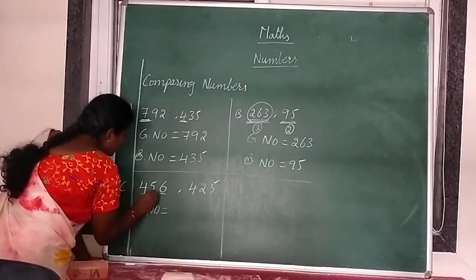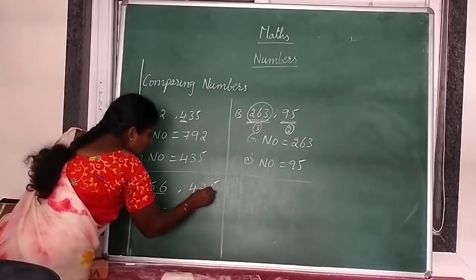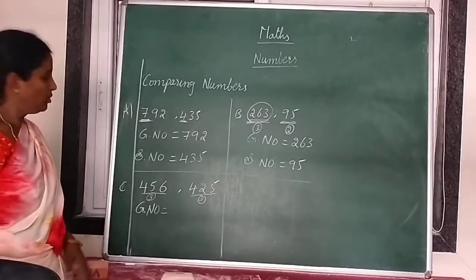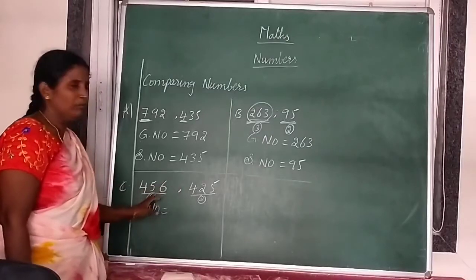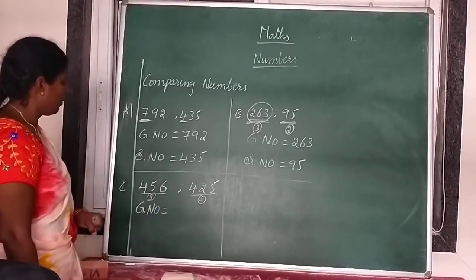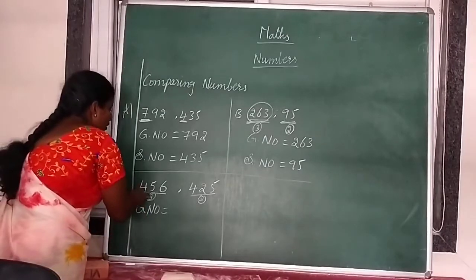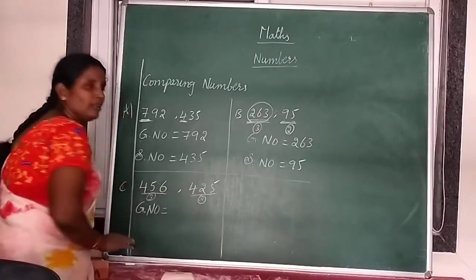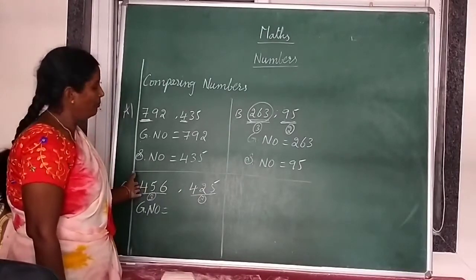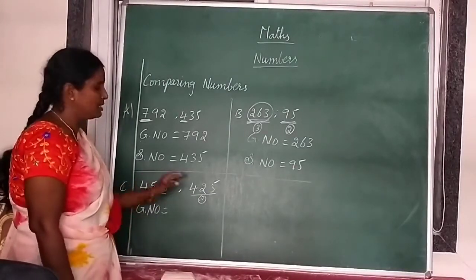Here 3 digits are there and here also 1, 2, 3 digits are there. Both are 3-digit numbers. So if the same number of digits in two numbers, then we have to compare the digits from highest place value, from left side.